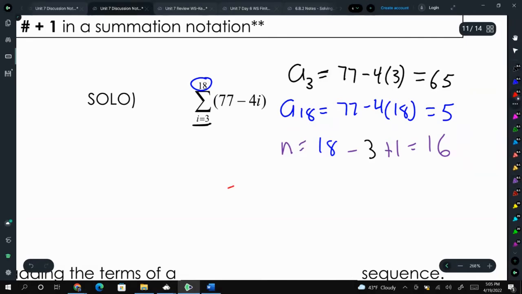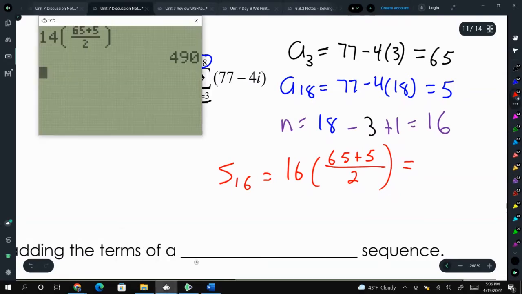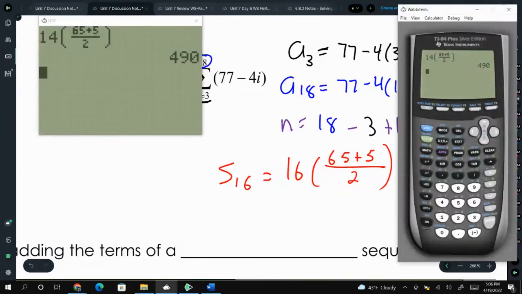So now I'm going to do S of these 16 terms, which is going to be 16, and then 65 plus 5 over 2. And I'll show you how to type that in the calculator again.